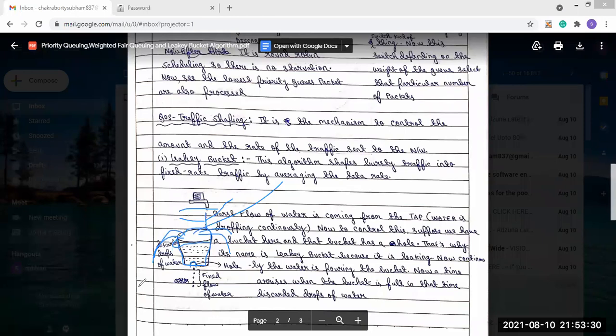And from this queue, the processor will pick the packet at a fixed rate.